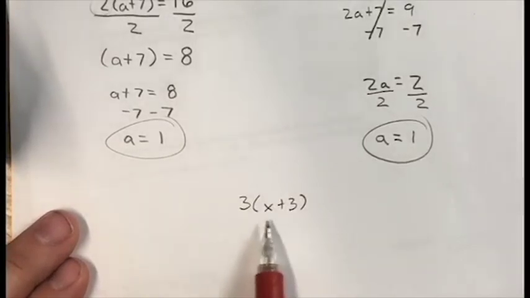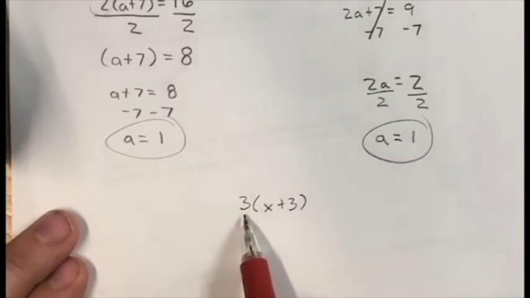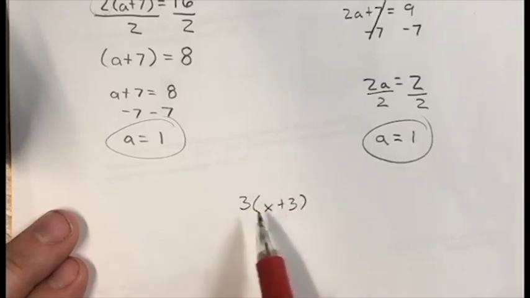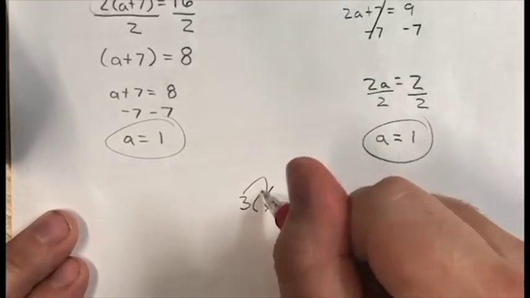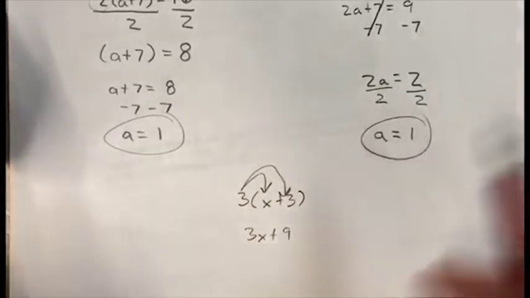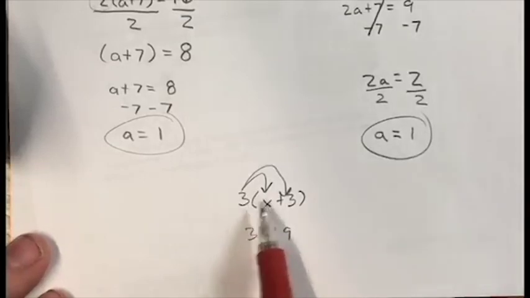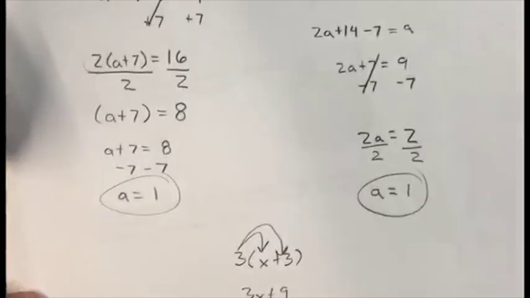When you see something like 3 times something inside of parentheses, it's basically telling you to take this 3 and multiply by everything in there. So this would be 3x, and this would be plus 9. This is all the distributive property is. I'm distributing this 3 across everything inside the parentheses.